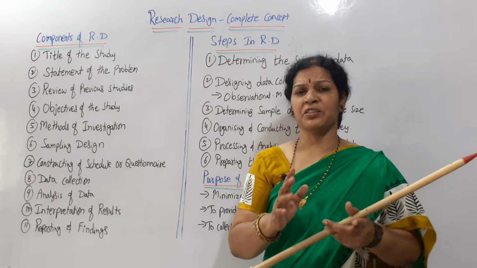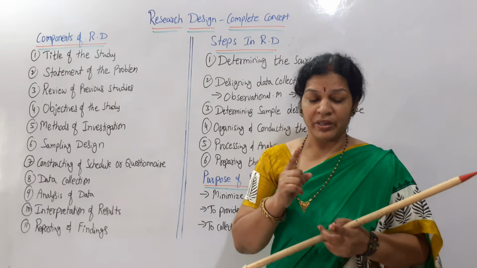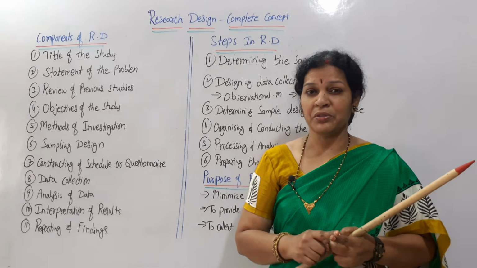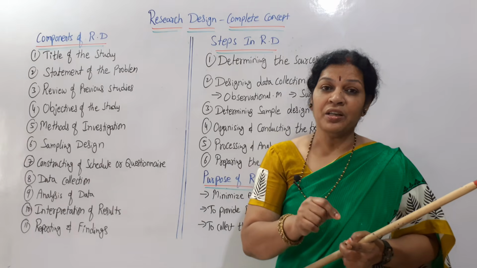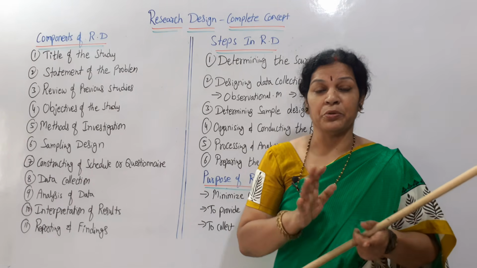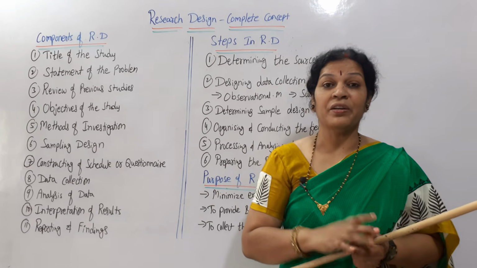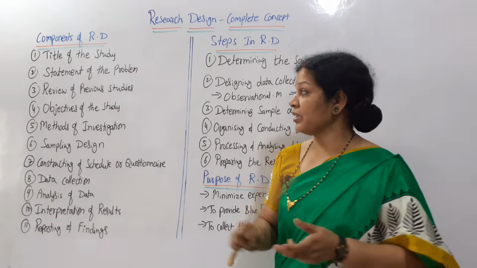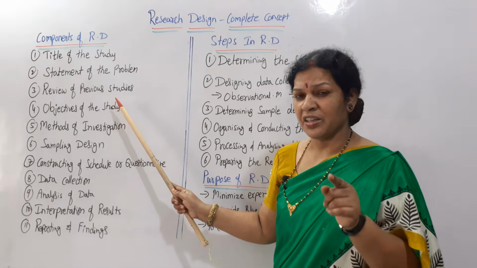Okay. Then after that, in the research design, the third point comes: review of previous studies. As you know, in the beginning classes only I told you, whenever you want to do research, you have to review some literature related to the same problem, relevant literature review, you have to do it. So that is what we are saying, review of previous studies.